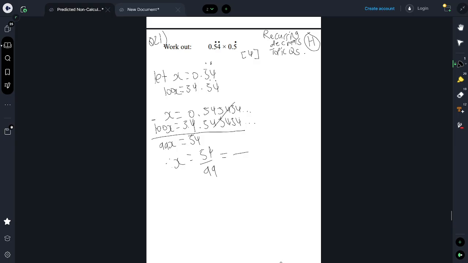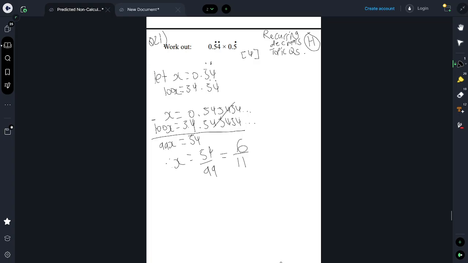It goes into it 6 times. I was remembering the 9 times table, but somehow, for some reason, I said 11. I don't know why I mixed 9 with 11. Yes, 9 times 6 is 54, and 99 divided by 9 is 11.